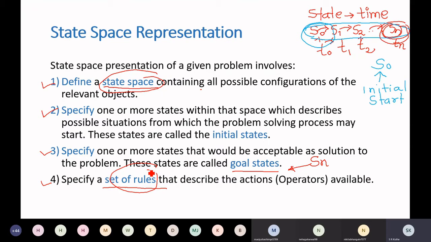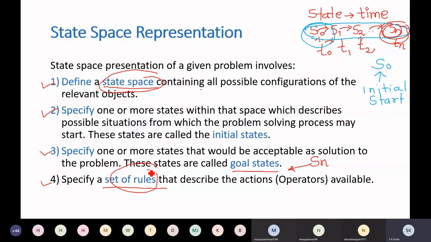In state space representation, again I am revising, you are going to define a state, which is a computer representable form of a given problem, and state is always associated with a time, so that will constitute a state space.